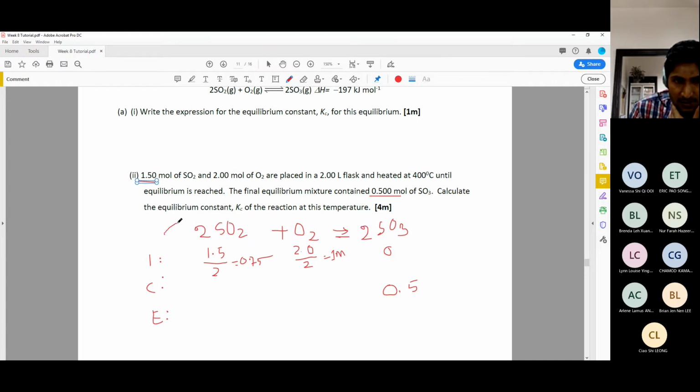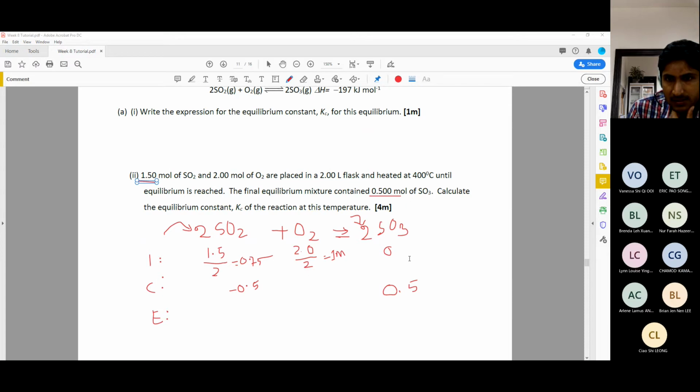If 0.5 moles of sulfur trioxide is being produced, that means 0.5 moles of sulfur dioxide has to be used, so minus 0.5 moles, because it is a 1:1 reaction.